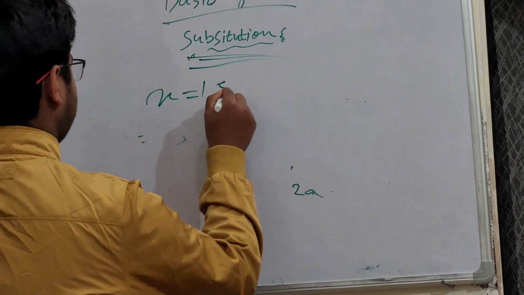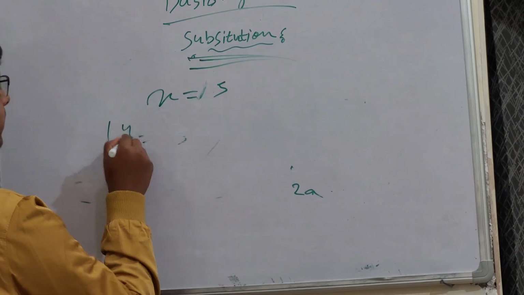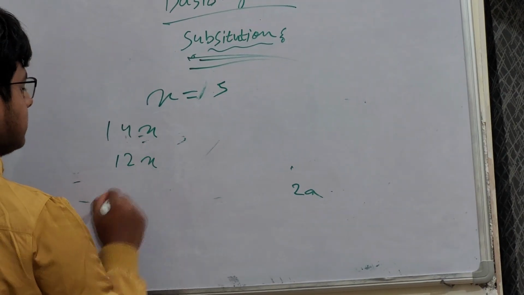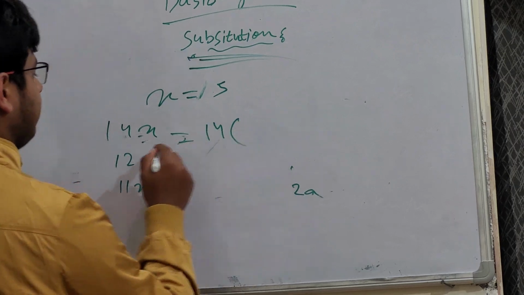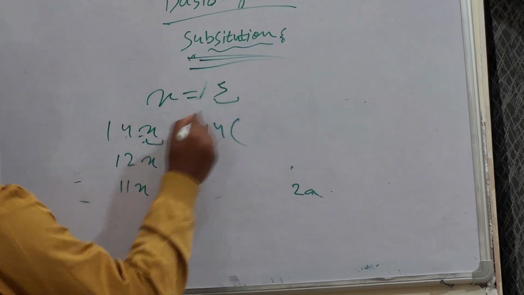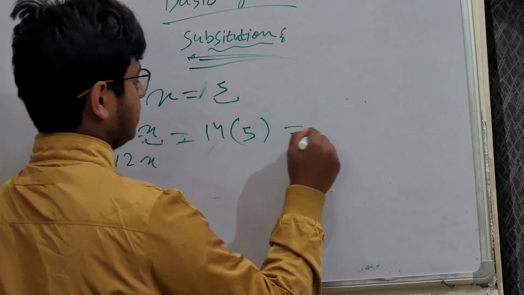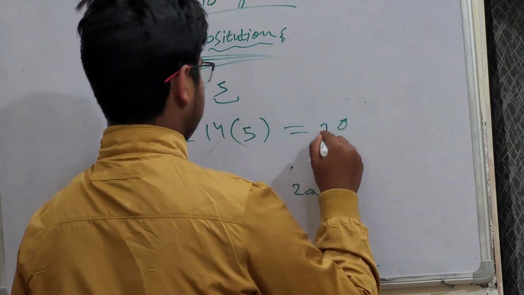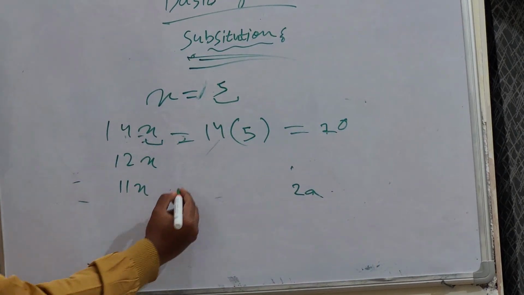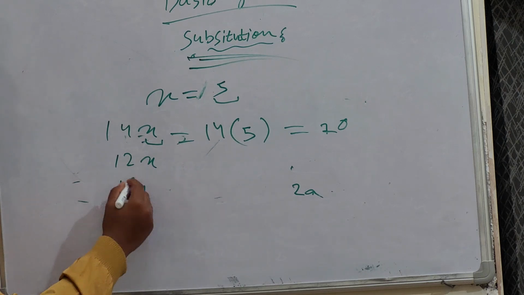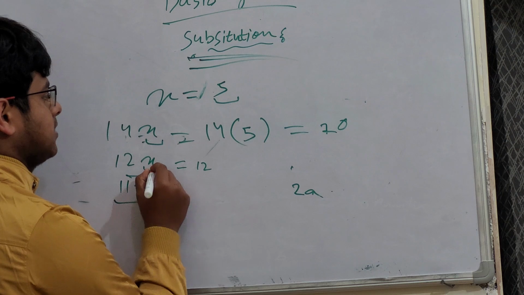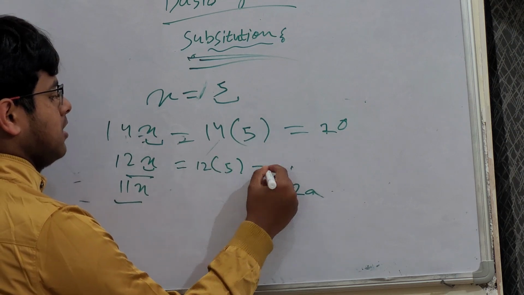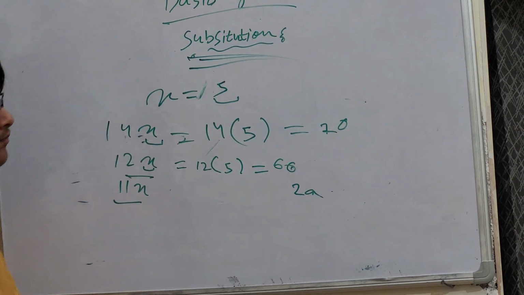If the value of x is given as 5, we have to find 14x, 12x, 11x. In 14x we have to substitute 5 in place of x, so you will get 70. In the same way, pause the video and try for 12 and 11. For 12x, I substitute 5 for x, so you get 60.